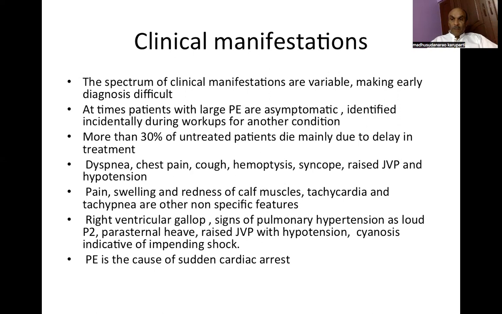Cool peripheries and cyanosis are indicative of impending shock. Pulmonary embolism is one of the causes of sudden cardiac arrest and death, because some patients may present with cardiac arrhythmias, atrial fibrillation resulting in cardiac arrest.